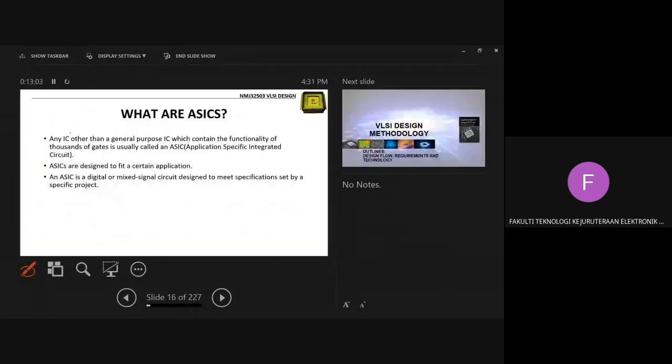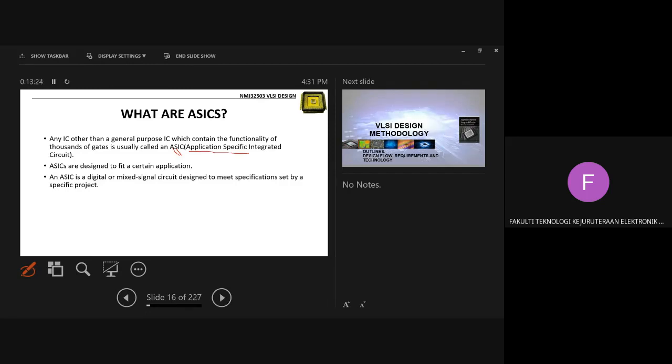What are ASICs? Any IC other than a general purpose IC which contains the functionality of thousands of gates is usually called an ASIC. The easiest way to understand is the word A and S, so it's application specific.